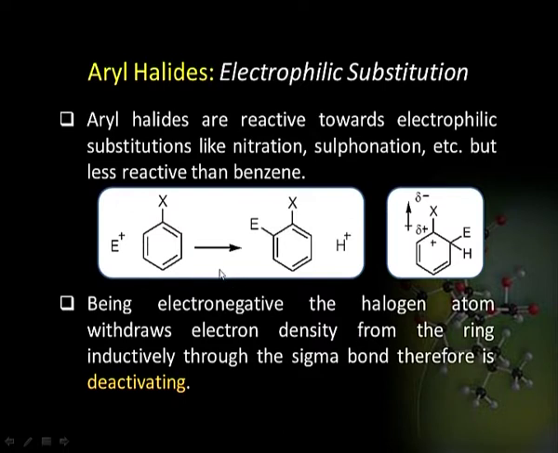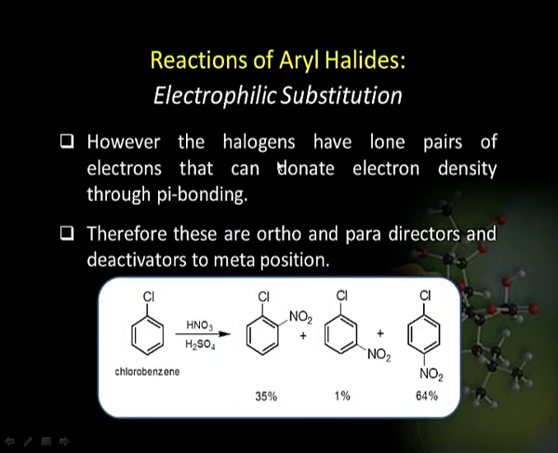No doubt these arenes also undergo electrophilic substitution reactions. The halogens have lone pairs of electrons that can donate electron density through pi bonding. Therefore, these are ortho and para directors and deactivators to the meta position.